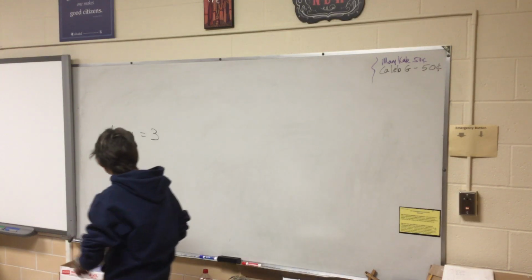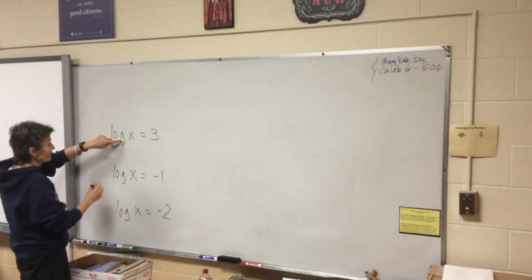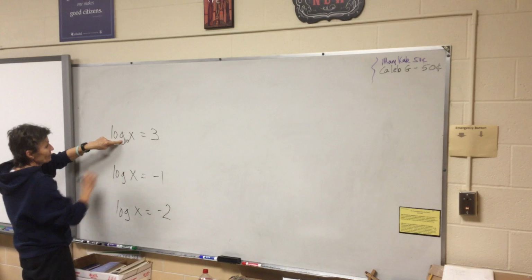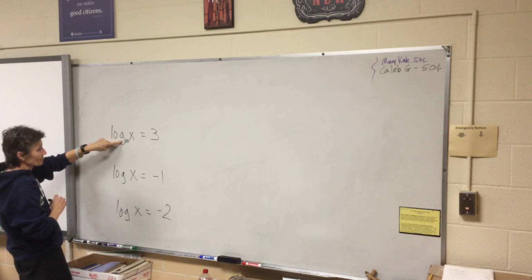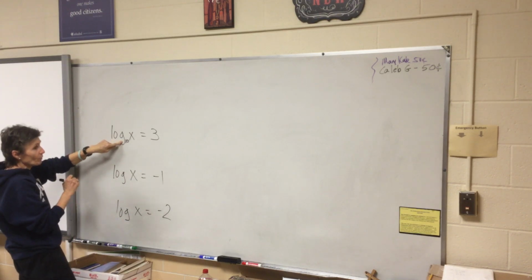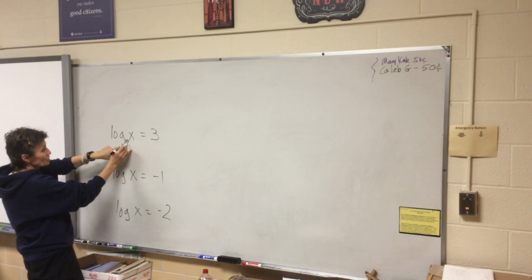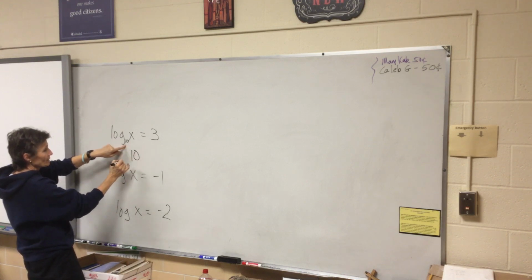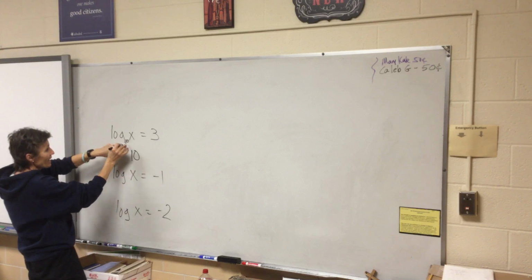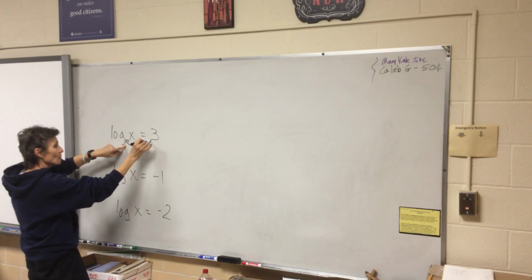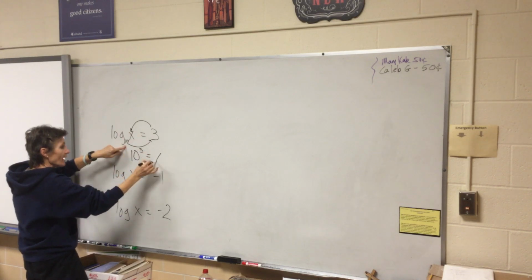First of all, I want you to remember that the base on log is 10. So I'm going to go ahead and fill in that 10. And then I'm going to do what we call loop-de-loo. I'm going to start with the 10. Start with your base and say 10 to the 3rd power equals x.